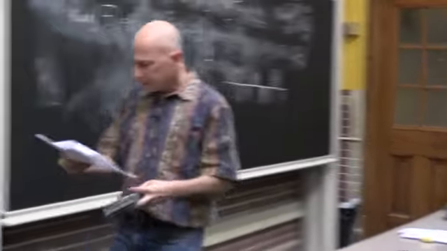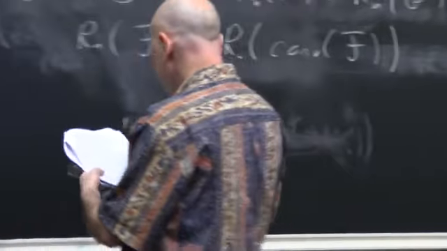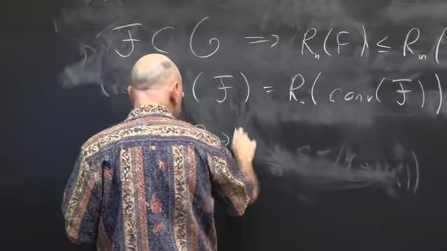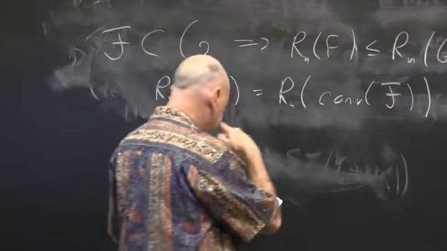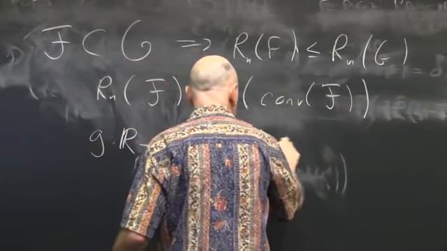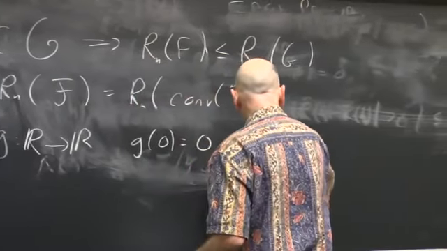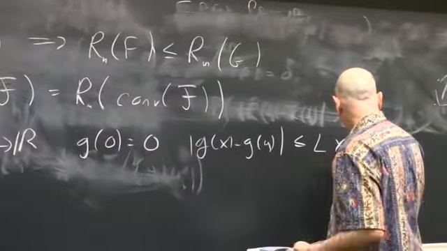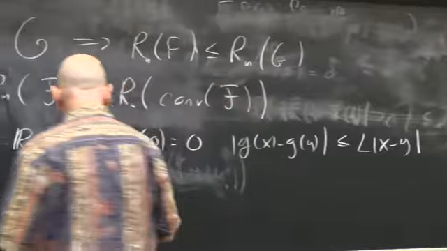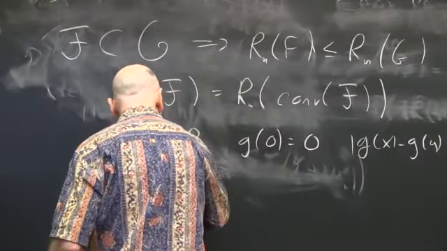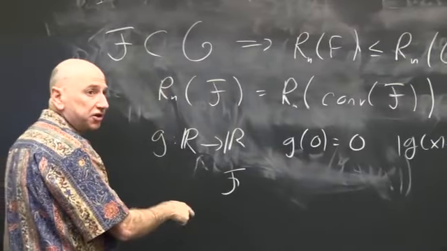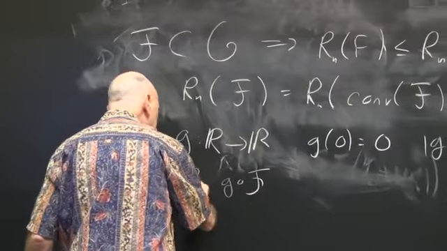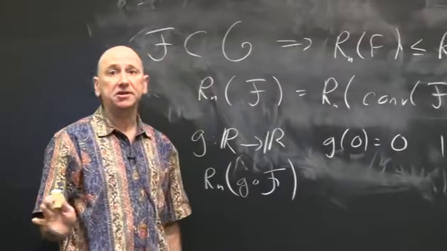Finally, another useful one: suppose I have a Lipschitz function g, which is 0 at 0, and Lipschitz with constant L. Imagine I take the function class and apply g to every function in that class to get a new function class, which we write as g composed with F. In general, who knows what that's going to do to the complexity?